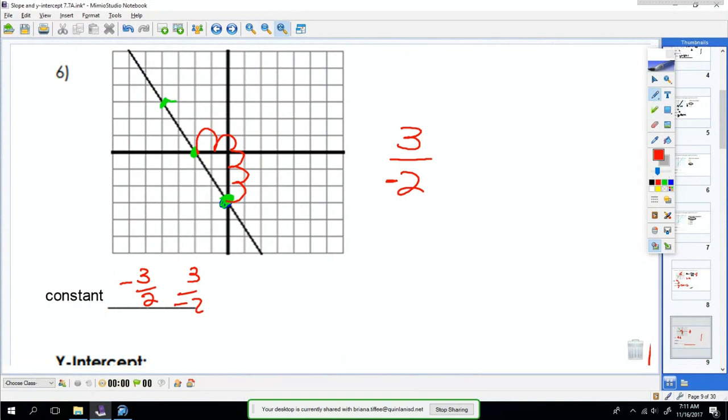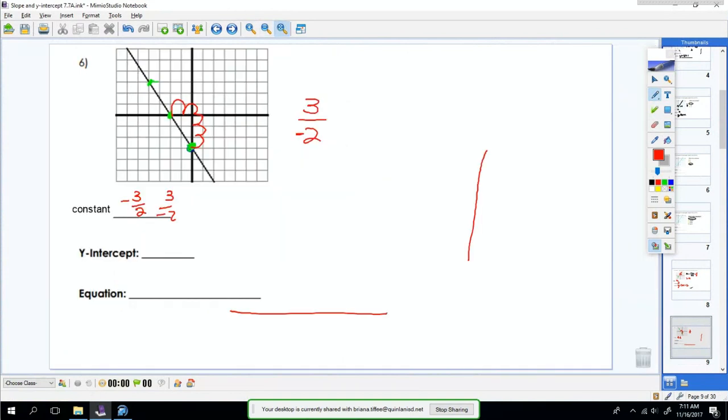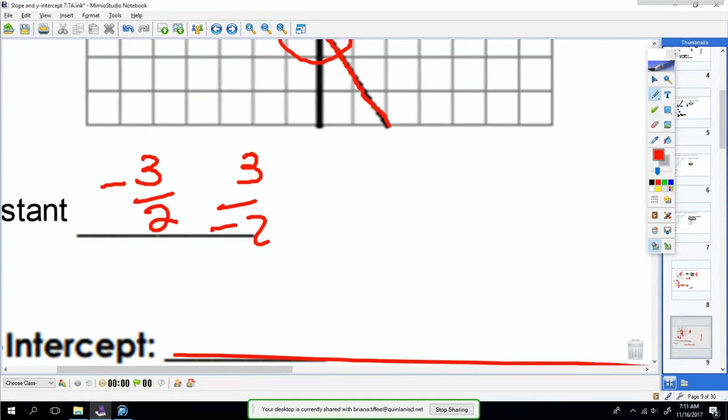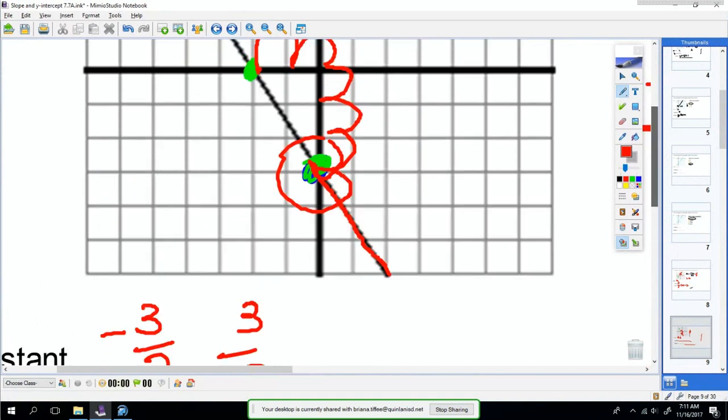So now we're going to find our y-intercept. So our y-intercept, we're going to follow the line up. So we can go 1, 2, all the way up to here, which is 1, 2, 3.